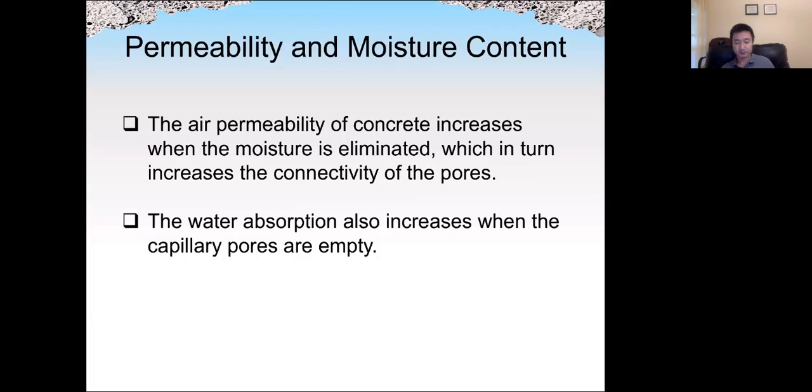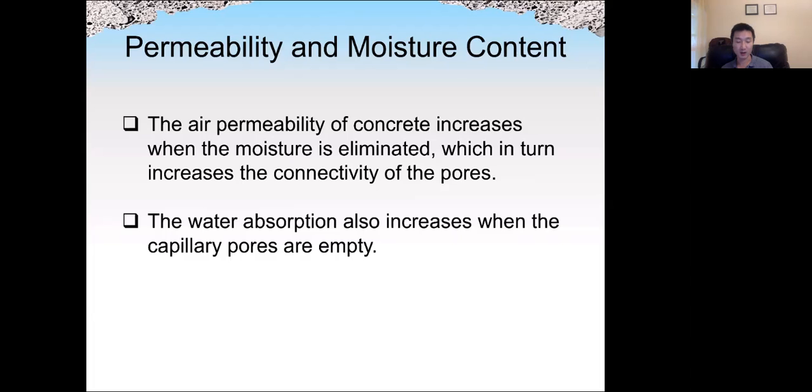All right, and these slides talk about permeability and the moisture content of concrete. The moisture content of concrete has a big effect on concrete permeability. Imagine we have moisture inside the pores, then other material will have a harder time getting inside. So the air permeability of concrete will increase when the moisture is eliminated.